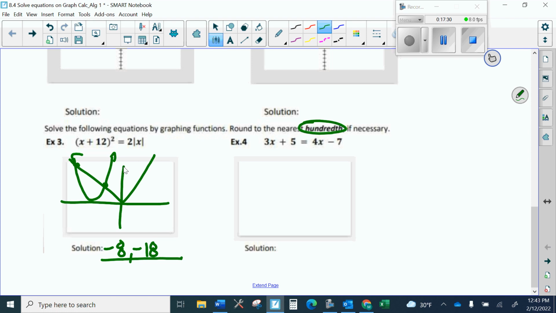You can just put a dot there showing that's my point of intersection. You just have a general shape of the curve of the graphs inside of that. Now notice I only had to put down -8, -18 because they came out to nice integers. They weren't decimals. If they were decimals, I'd round to nearest thousandth.